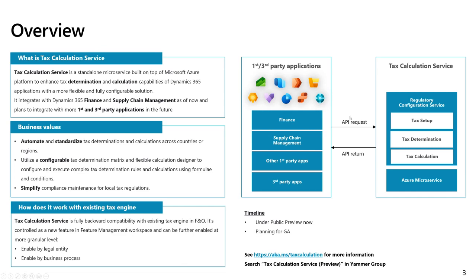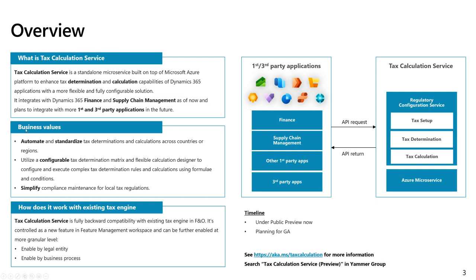Tax calculation service works for Microsoft first-party and third-party applications. And at the GA stage, we will make tax calculation service available for Dynamics 365 Finance and Dynamics 365 Supply Chain Management. And it's on our roadmap to make tax calculation service available for more and more applications.